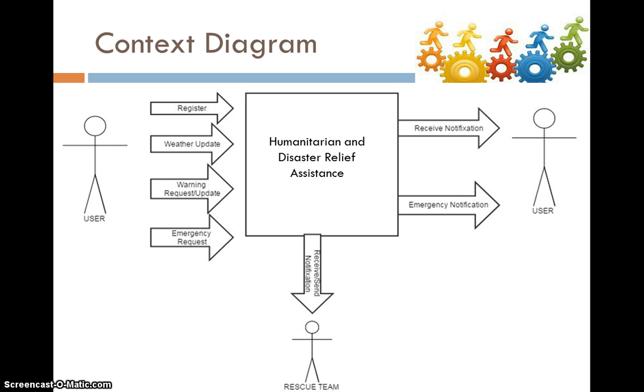From the external world, these two, the users and the rescue team, are the main stakeholders. We also have the weather update, wherein people who use the application can come to know the weather for a given location, and they can also get the warnings issued by the government or other sources. We have a very unique functionality here: a user can also update any warning which he has seen.